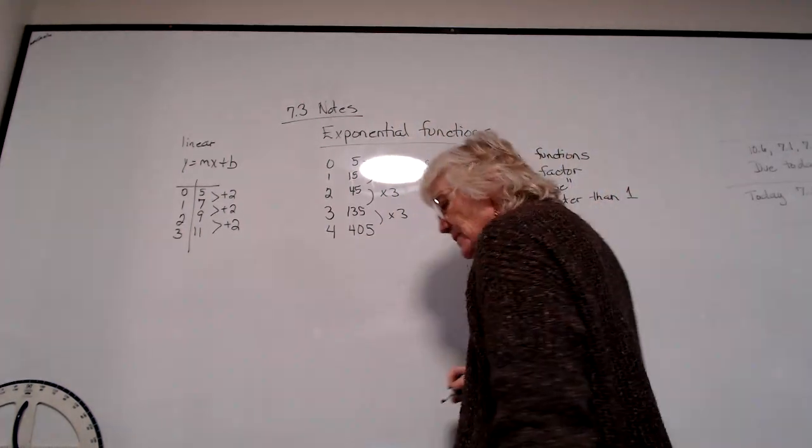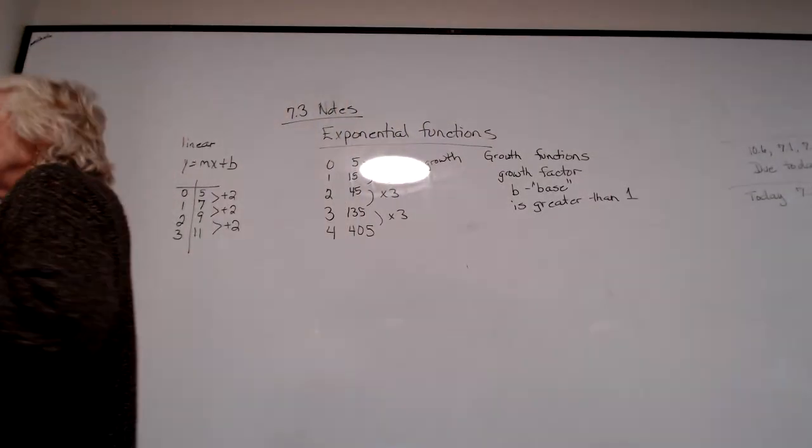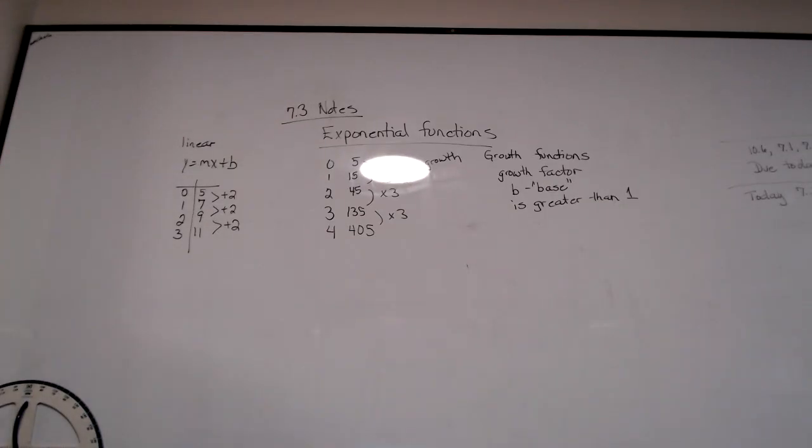Because when I multiply by anything that's larger than 1, things will grow. Every time I multiply by something greater than 1, it makes the number bigger. So it is going to be a growth function. Okay? That's what we looked at.